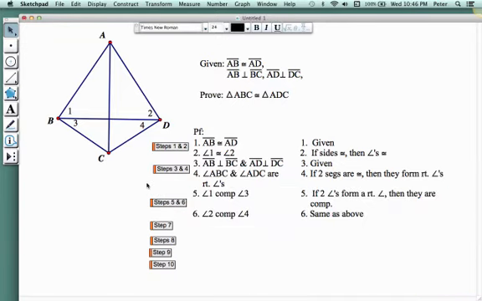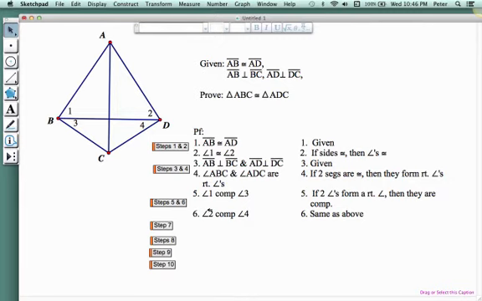Okay, step 5 and step 6, hopefully you recognize that angle 1 and 3 are complementary, and angle 2 and 4 are complementary, because if two angles form a right angle, then they are complementary. Alright, so if 1 is complementary to 3, and 2 is complementary to 4, and we know from step 2 that 1 and 2 are congruent, what conclusion can you draw?